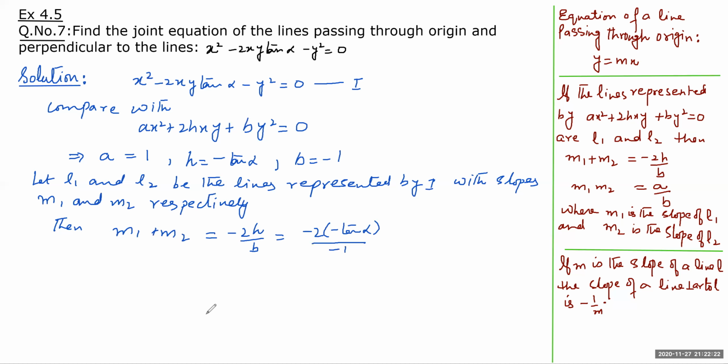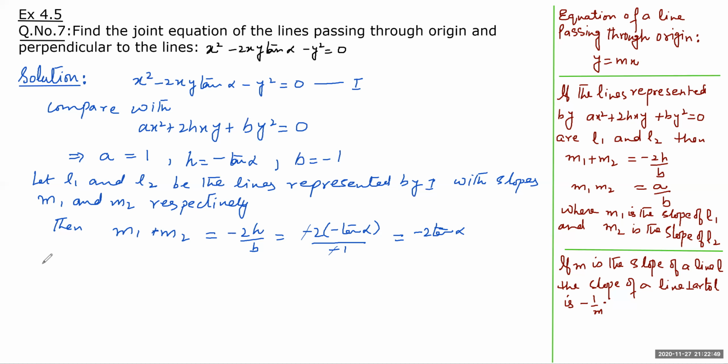After simplification, cancelling the minus signs, I get 2 tan alpha. So this is the value of m1 plus m2.